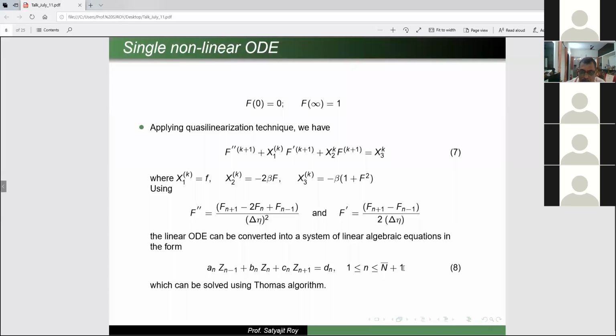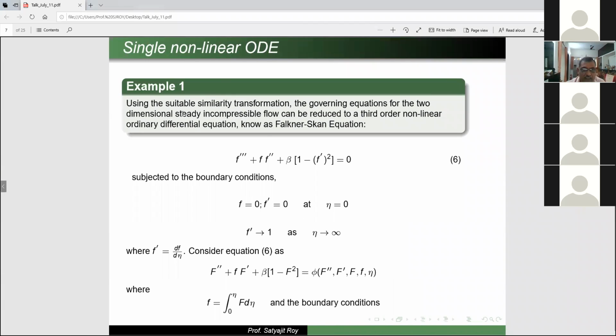So if you remove 2 from n bar plus 1, you will get n minus 1. That is an algebraic system you can solve by matrix method, any method you can solve. That is the difference. So we are telling only how to linearize. This is a single nonlinear ODE. This is a fluid mechanics problem.